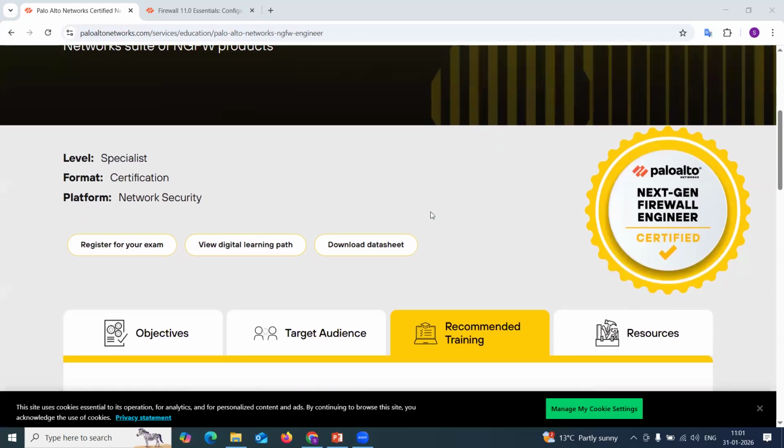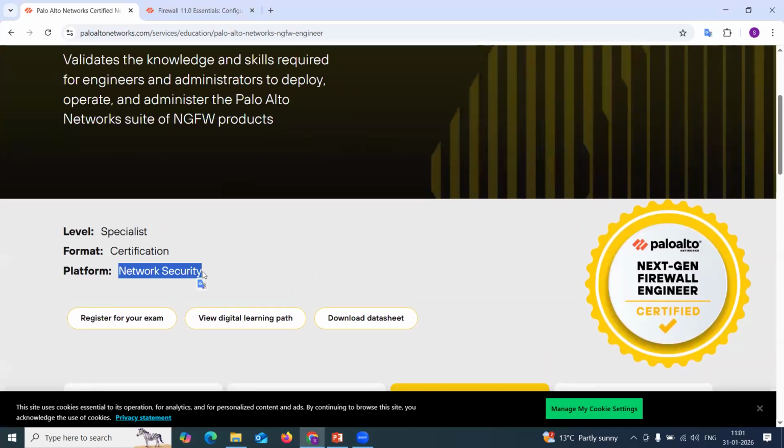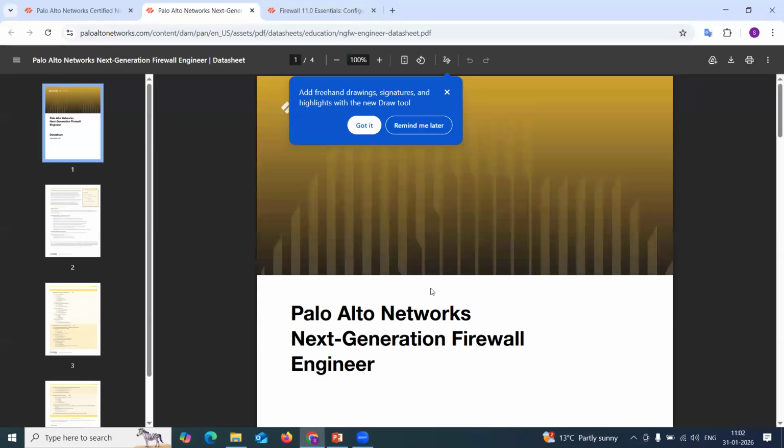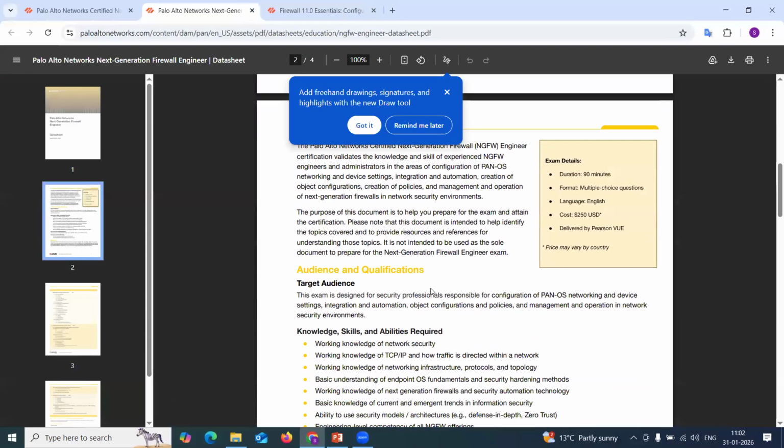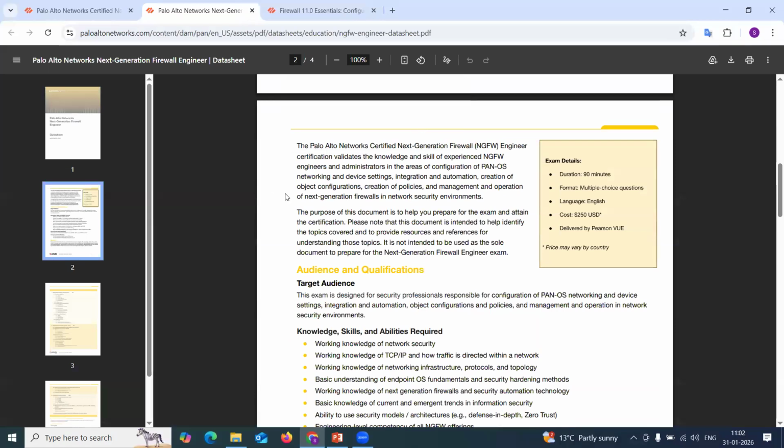Now, if you see the network security next generation firewall engineer certification data set, if you click here, it will show you advanced things, not basic stuff.